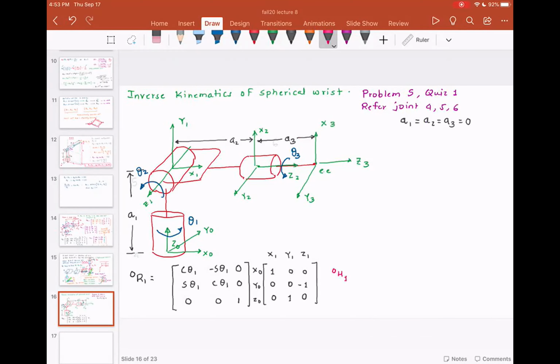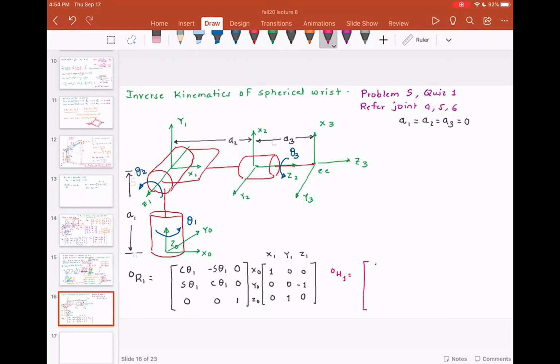So my 0H1 is going to look like this: first row, first column, cosine theta 1, and so on through the third row, third column, and finally 0, 0, 0, and 1.